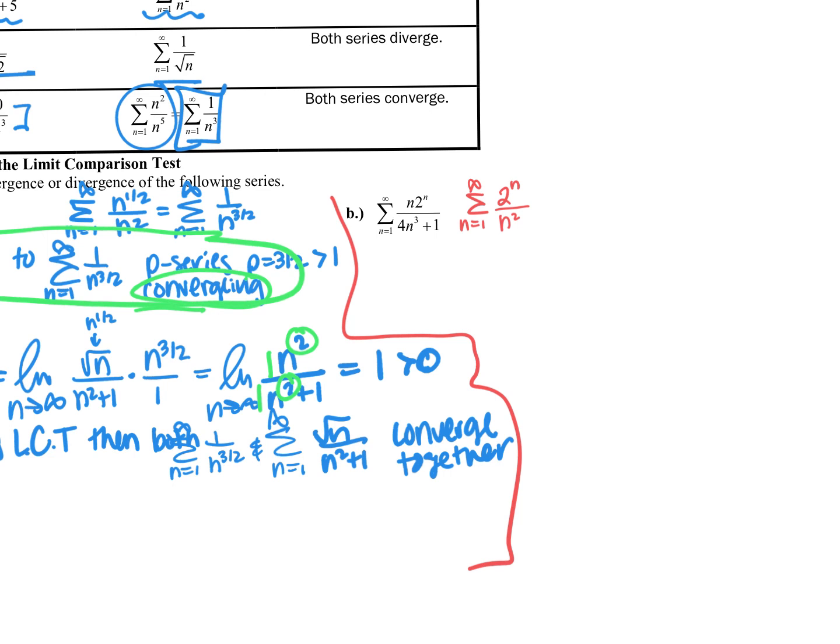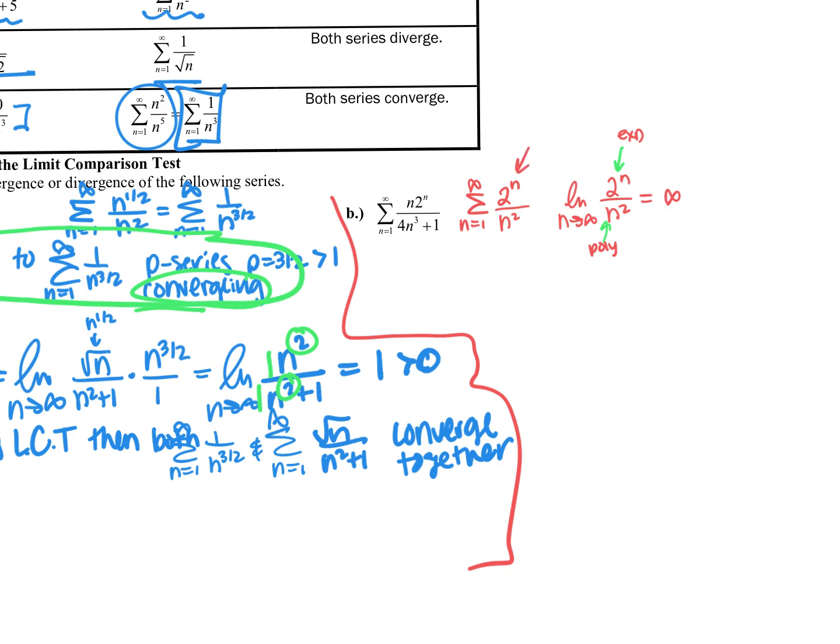But we actually know right away that this guy diverges, and you can tell that by the divergence test, or the nth term test, if we do the limit as n approaches infinity of 2 to the n over n squared. This is going to be an exponential function compared to a polynomial, so the top grows so much faster. 2 to the n will grow much faster than n squared, so this will be an infinite limit because the top will grow faster than the bottom.